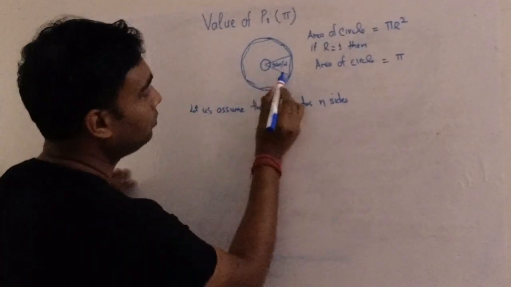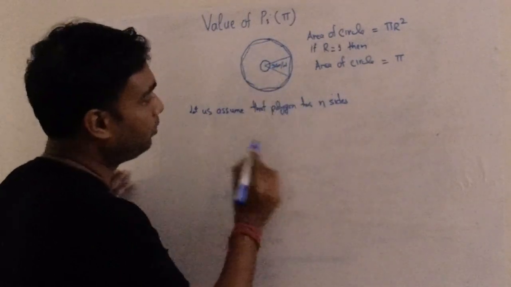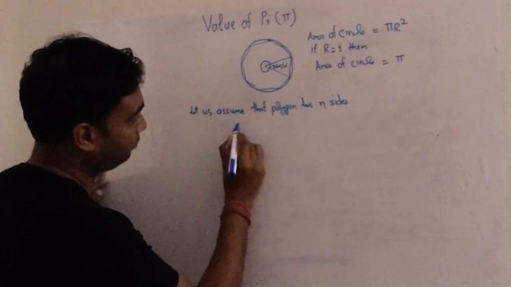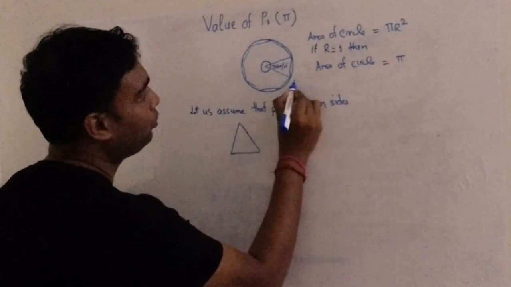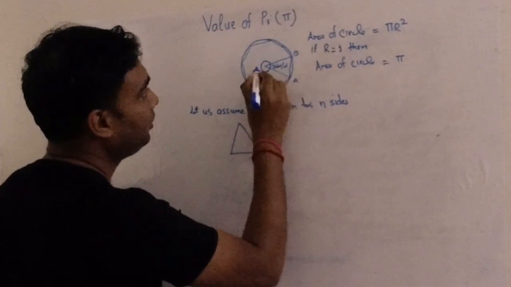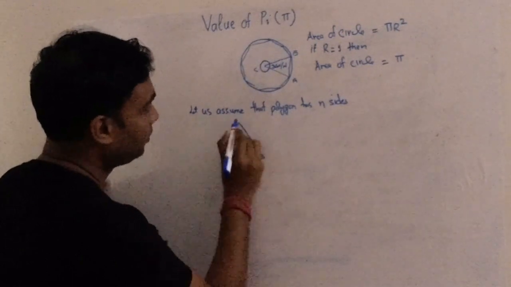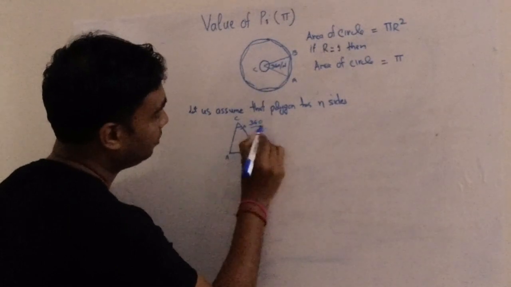So I'm going to take this triangle out of this polygon. It will look like this. I'm going to mark it as A, B, C, and this angle is 360 by n.